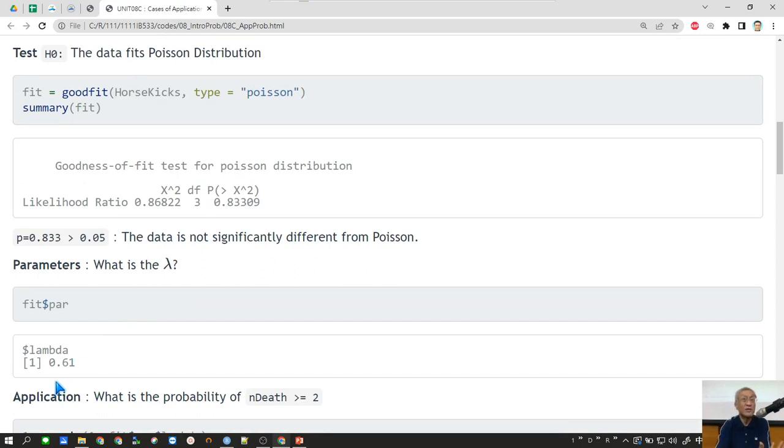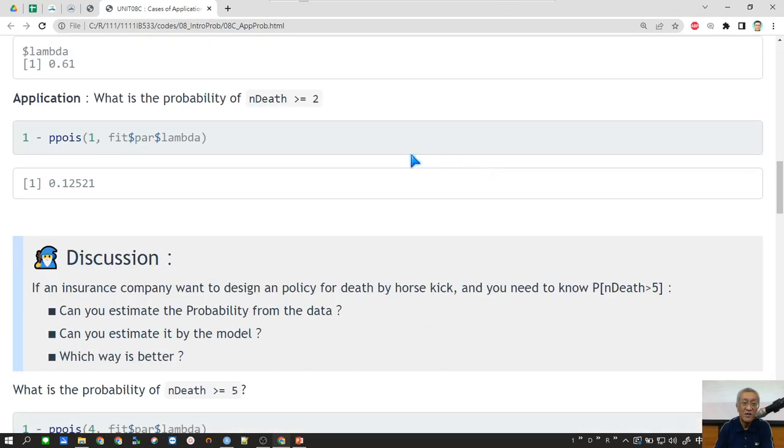So what is the benefit of doing this? Now we know that it follows a Poisson distribution with lambda 0.61, so we can calculate with the p function and d function.